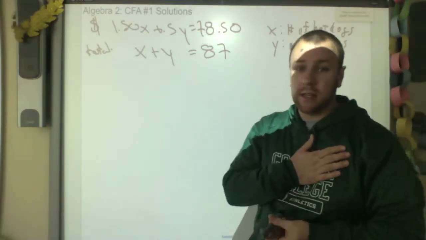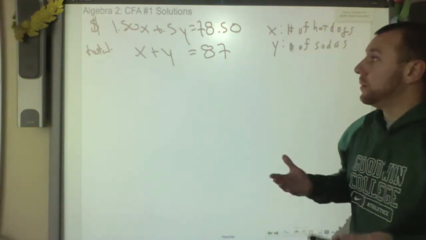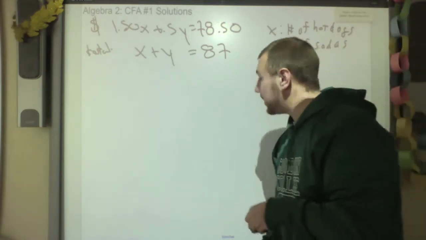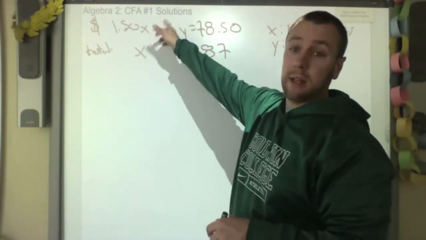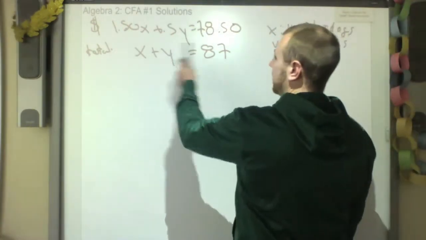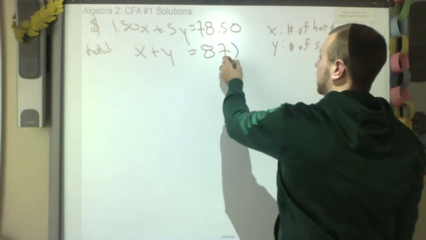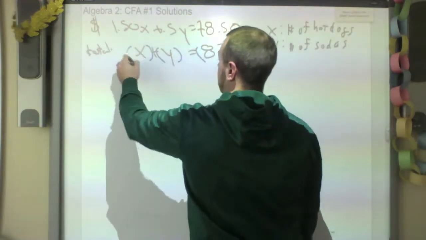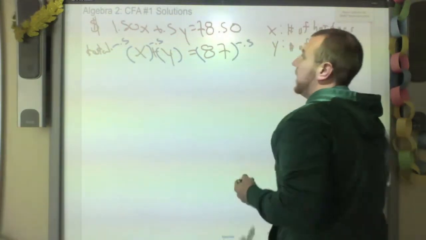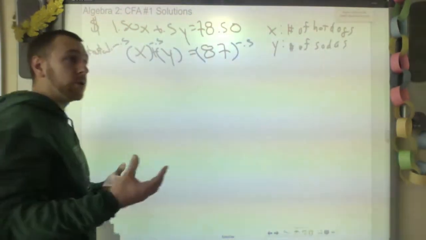I personally like elimination. You might not. It's however you want to do it. But what I'm going to do is try to eliminate one of these variables. I'm going to multiply this equation by negative 0.5. So now I'm going to have two new equations.